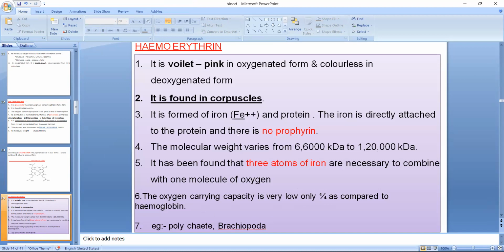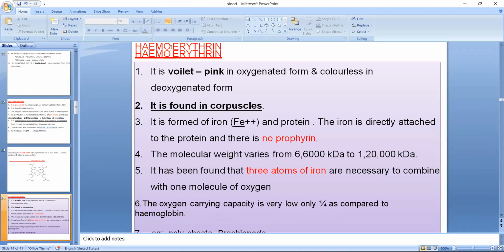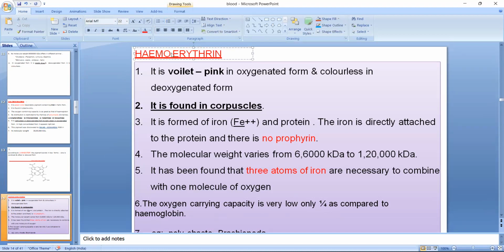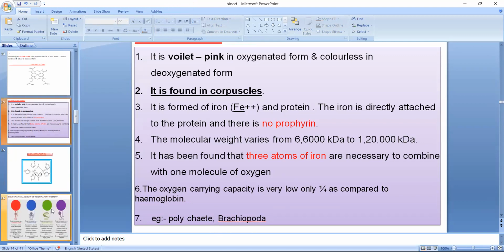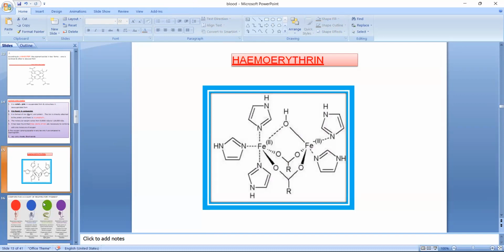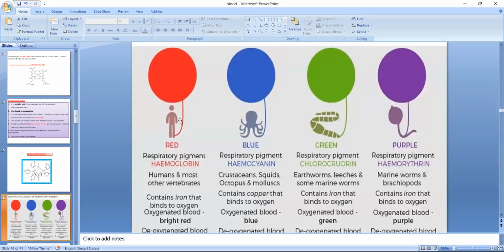So hemerythrin, you remember iron, and its color is violet pink. Example polychaetes and brachiopods. That's all. No need to remember the structure. These are the various colors: hemoglobin, hemocyanin, chlorocruorin, hemerythrin. We have just seen violet pink.